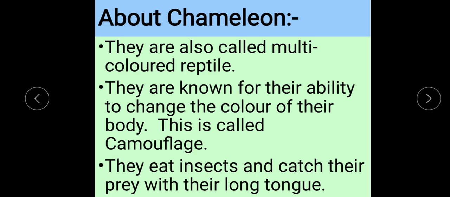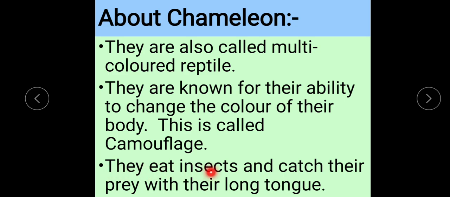It can change the color of its body, and the ability to change the color of the body is called camouflage. And the reason why they change is so that they can hide themselves from other animals and people who want to harm them, okay, who want to kill them or who want to catch them.